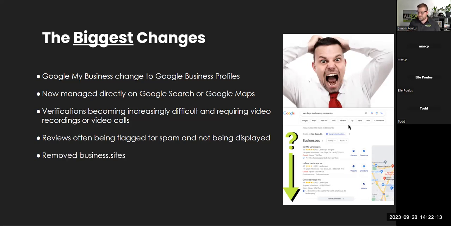It got difficult. They've removed business sites. It was a nice little SEO trick at one point to build a secondary website on the Google domain business.sites, attached to the Google profile itself.